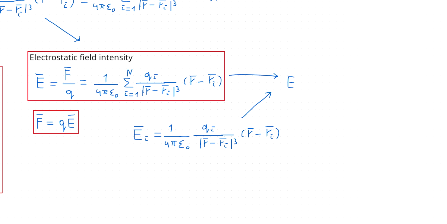the electrostatic field intensity of a system of electric charges may be written as a sum of electrostatic field intensities E1 plus E2 plus, in the same way, En.